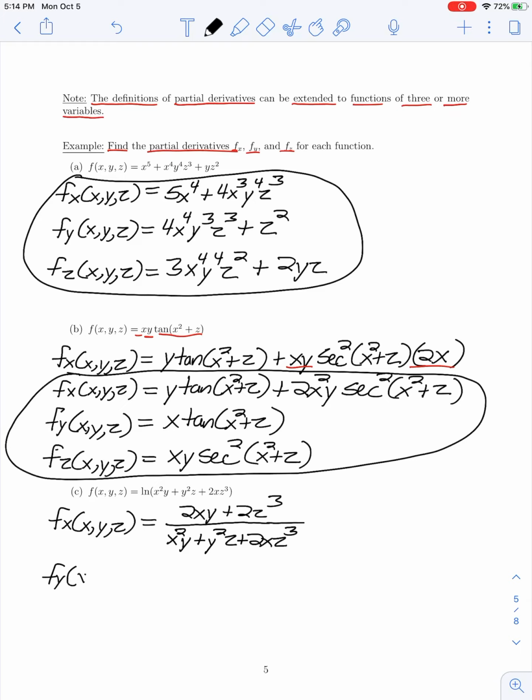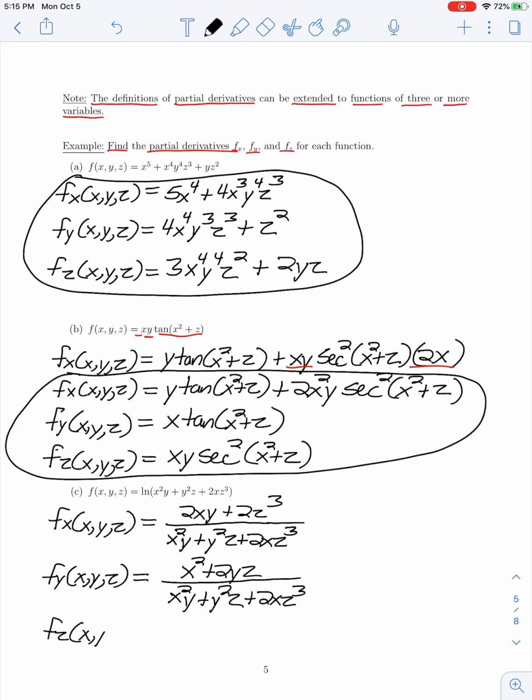Now similarly, differentiating with respect to y, well, the derivative of log of this function is given by 1 over that function. And then by the chain rule, we have to multiply by the derivative of the inside function with respect to y now, which would be x squared plus 2yz.